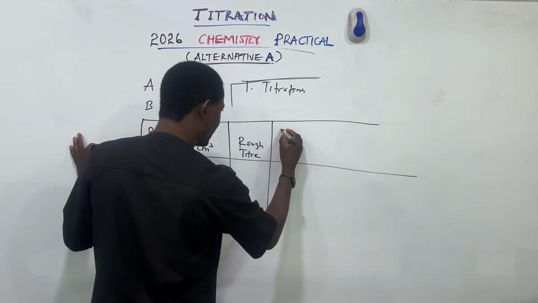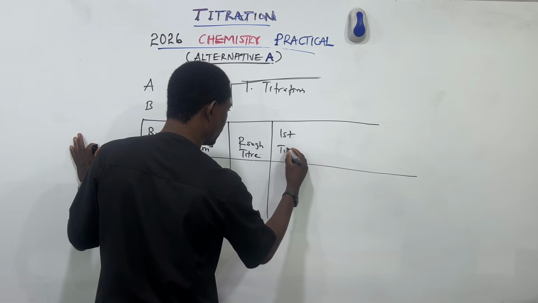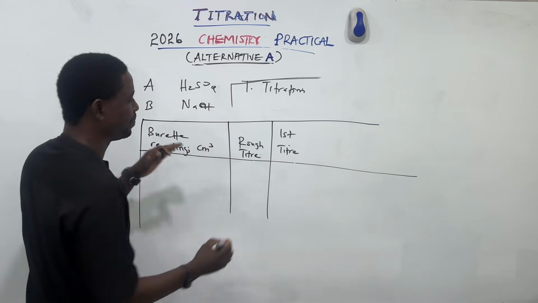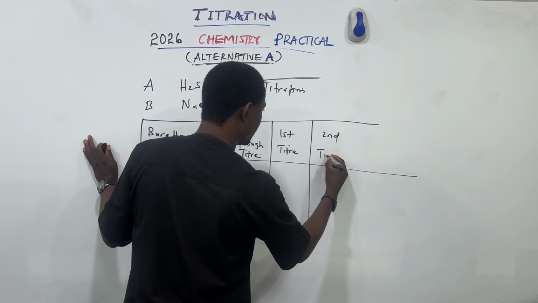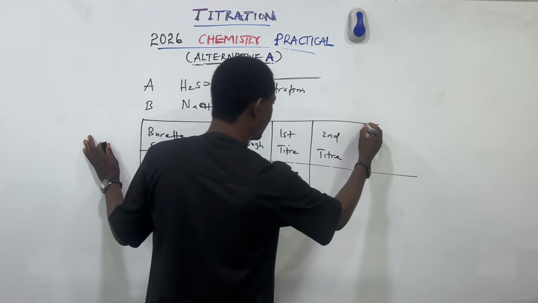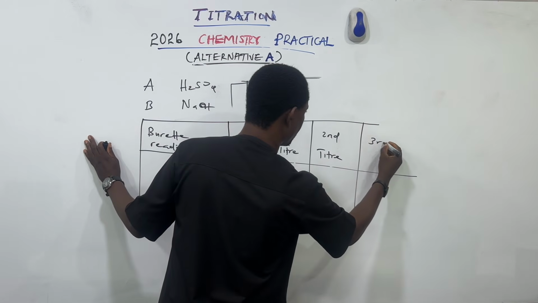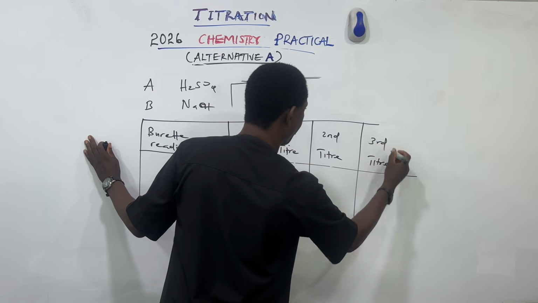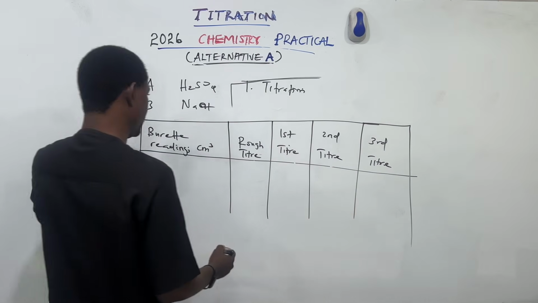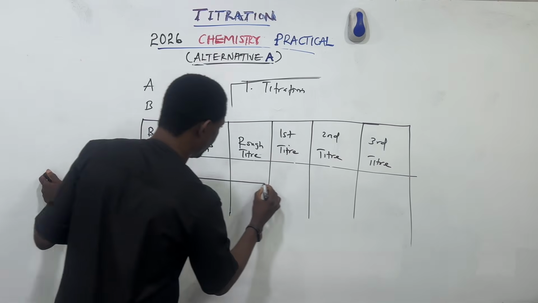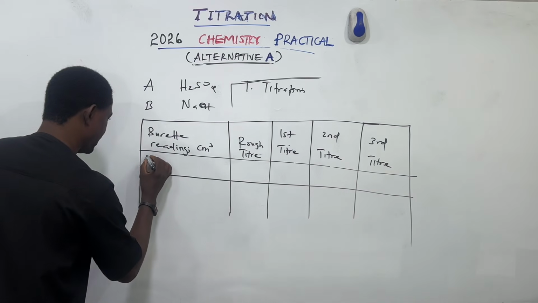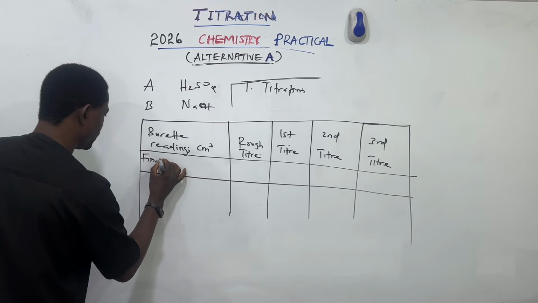After this, you can say first titre. That is the rough. Then this is the second one, second titre. You can write it in words too. Then you can make it third titre. So let me just remind my table. You can see how it is. So the first thing you do after that is write final Burette reading.